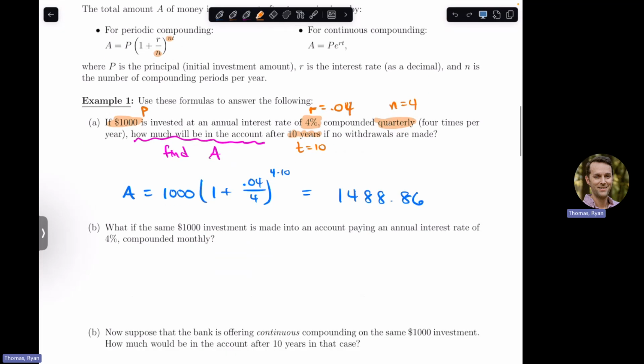What's different about B? It's monthly. What's that mean? Yep, and it's 12. Other than that, what do you think we should expect to find?